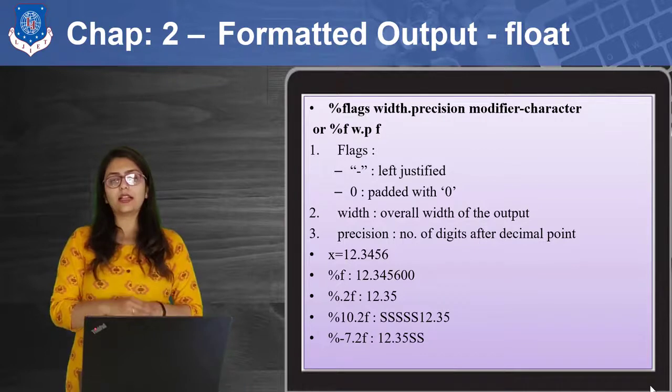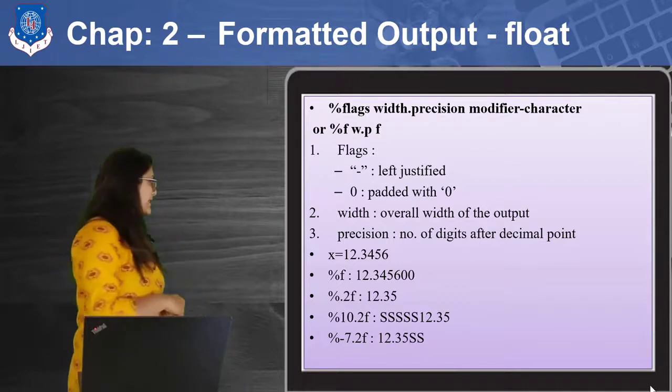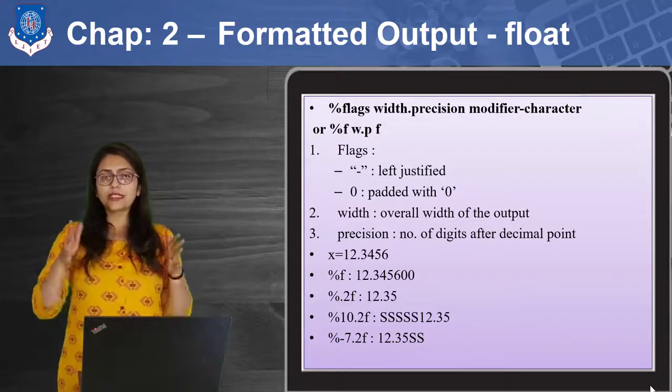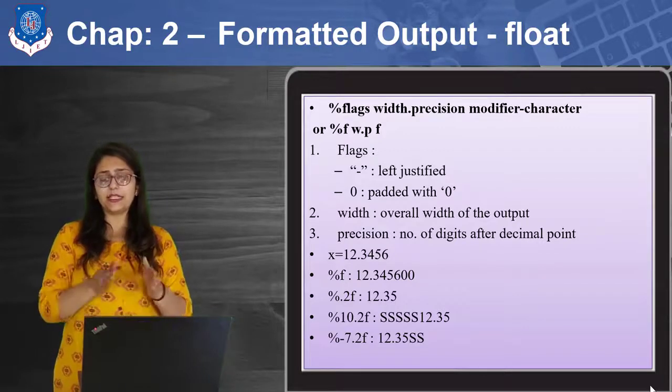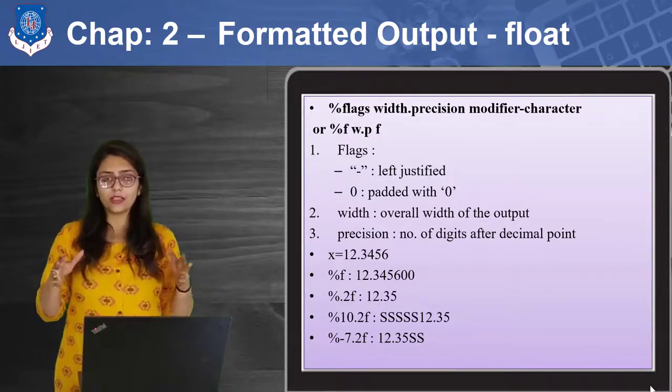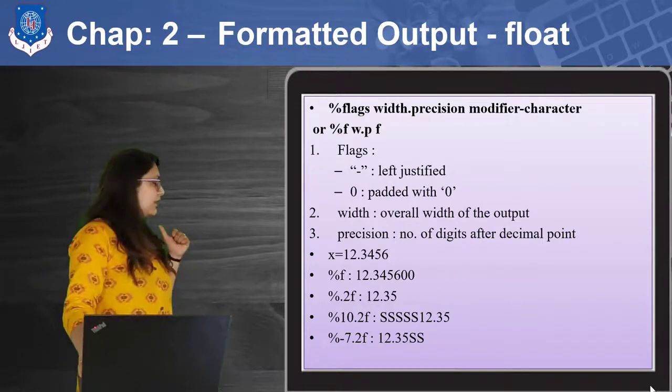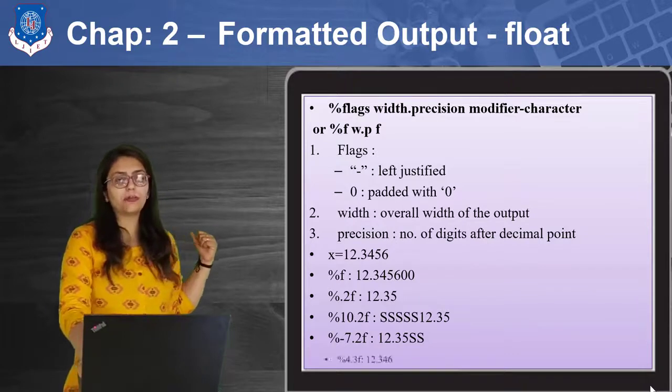So in the next example I have written %-7.2f. That means I want my answer to be printed correct up to 2 decimal places with a total size of 7. It will be left justified because I have mentioned the minus sign.